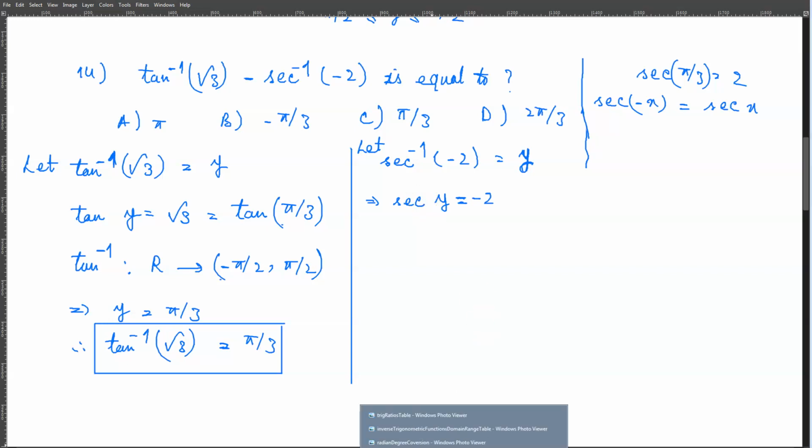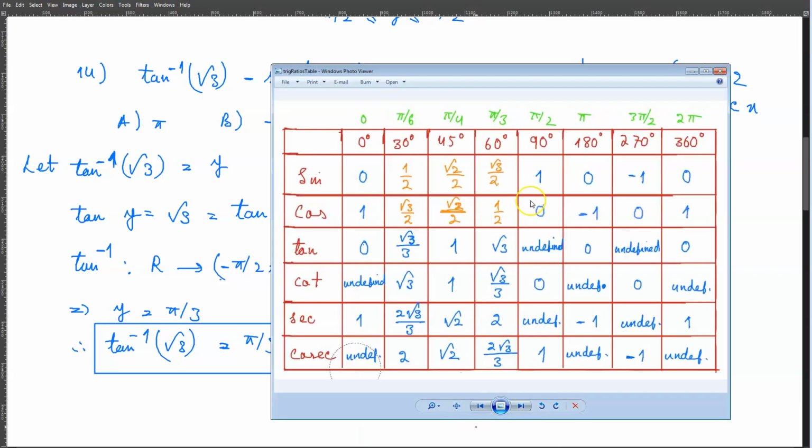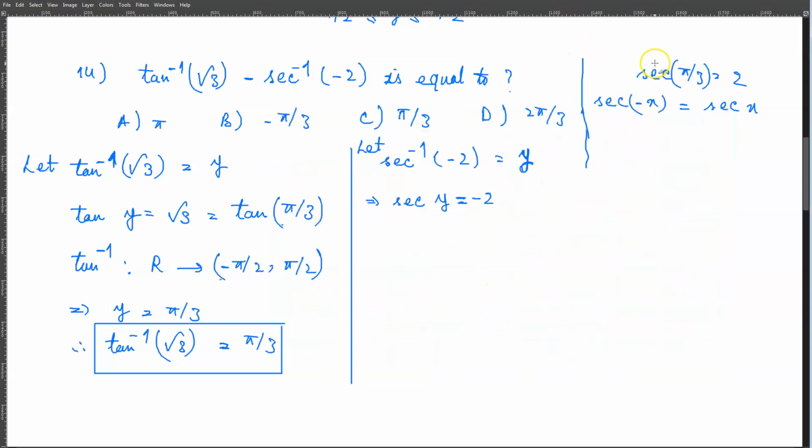Now, we know that the secant of pi by 3 is equal to 2. So I can write this as the negative of the secant of pi by 3.